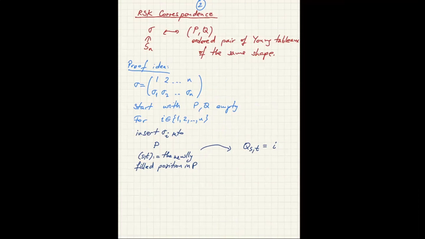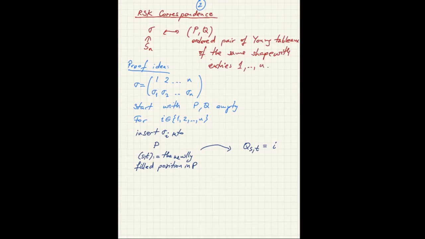Okay. So this RSK correspondence is a correspondence between the set of permutations sigma in Sn and the ordered pairs of Young tableaus of the same shape with entries 1 to n.